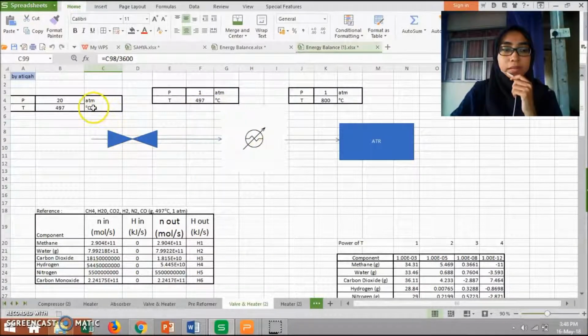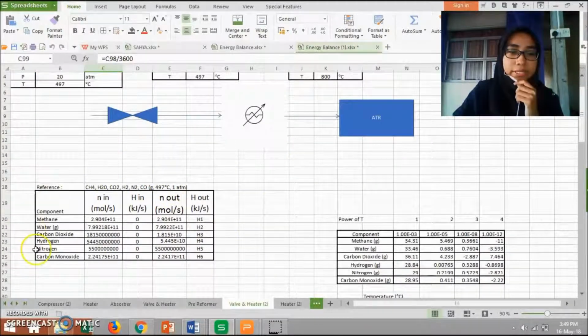The valve helps to reduce the pressure from 20 atm to 1 atm, and the boiler helps to increase the temperature from 497 degrees Celsius to 800 degrees Celsius.